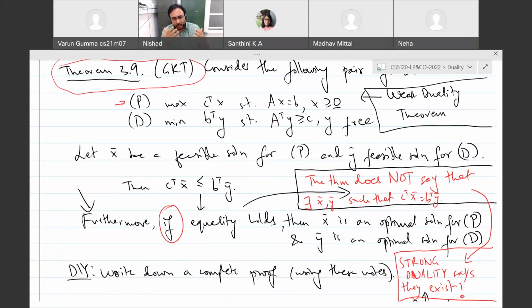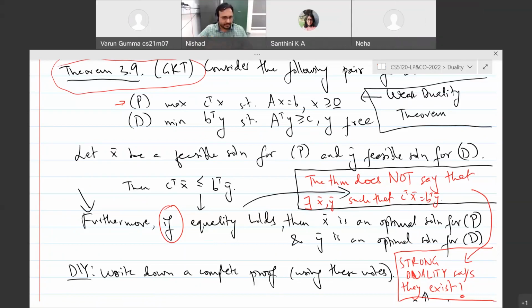At that point, just using weak duality, we will be able to conclude that we have found optimal solutions. So we don't need strong duality for some of the things. Of course, it is nice to know that strong duality exists for all linear programs, right? So it provides a natural progression into the strongest theorem out there.